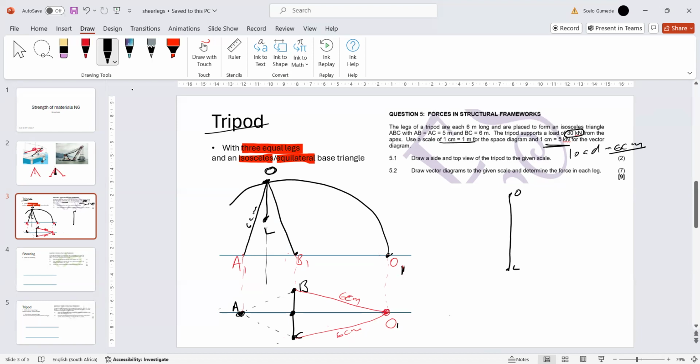OL, 6 centimeters. Now, what you want to do now is to draw a line parallel to this line here of OB. So in other words, you're basically taking this line of OB exactly as it is, to join it here, parallel.